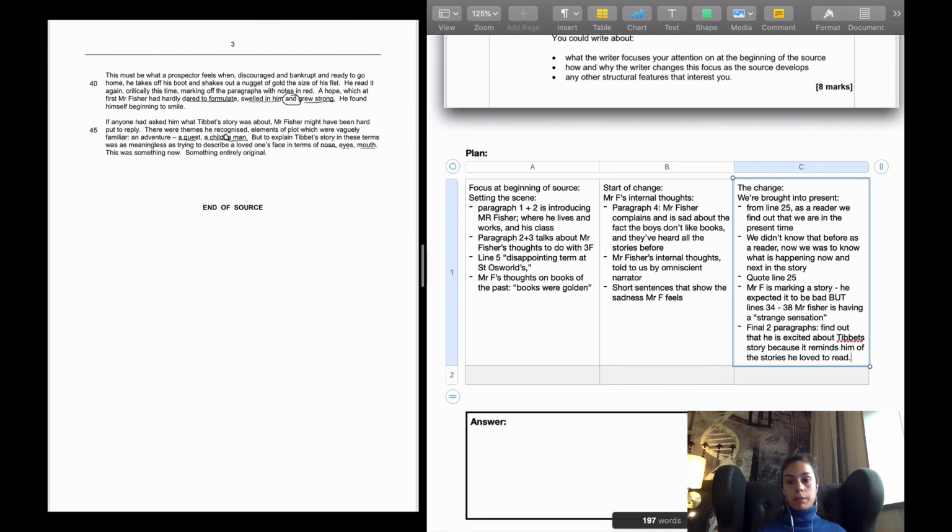Okay, that's it. Now, these paragraphs will be different sizes because some will need more detail than others, but I said 2 to 3 paragraphs. It really depends on the text and how you want to split it up.